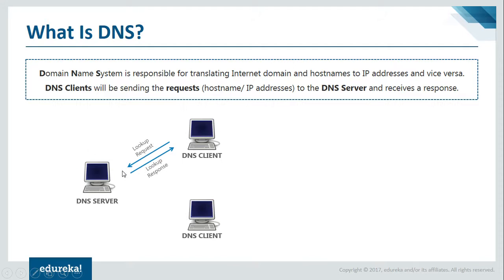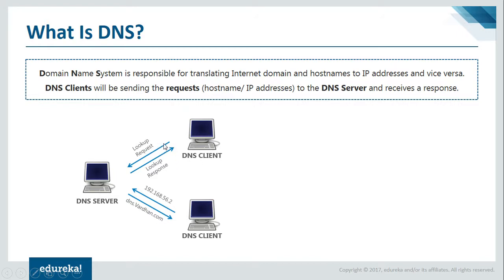Okay, and what the DNS server responds with is called a lookup response. So we can call them DNS lookup request, or you can simply call them lookup request. Similarly, you can just call them lookup response. And as you see here, you can either send the IP address or you can send the host name. Okay, in my case, you have two different images here.